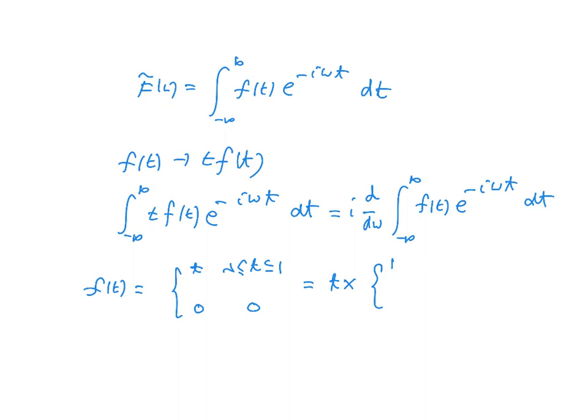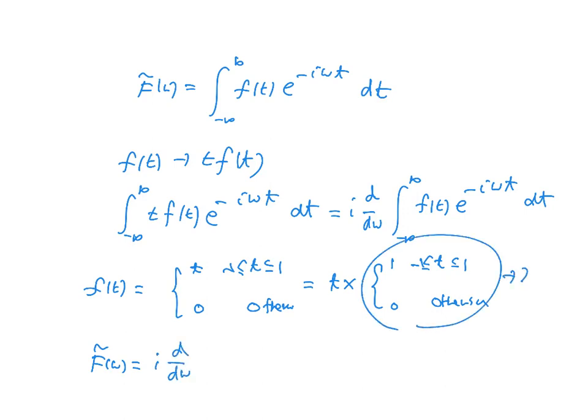f(t) is 1 for t between minus 1 and 1, 0 otherwise, right? So what is f tilde omega? We need i d/d omega of the Fourier transform we know, which is twice sine omega over omega.